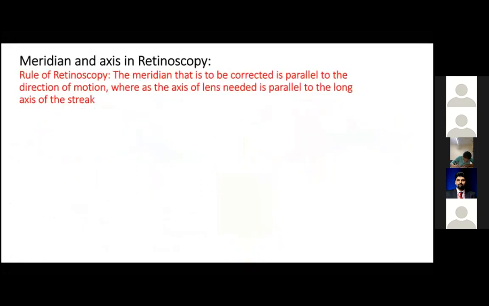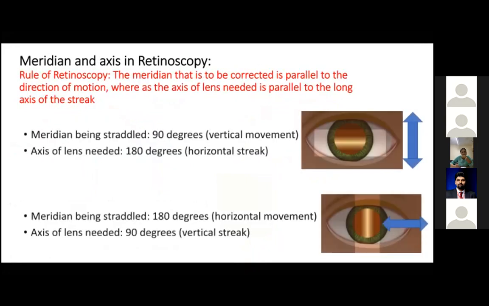Okay, so in terms of retinoscopy, how does this translate? The meridian that has to be corrected is always parallel to the direction of the motion, whereas the axis of the lens needed is parallel to the long axis of the streak. So in this upper diagram, you can see that this is a horizontal streak and the movement will be up and down.